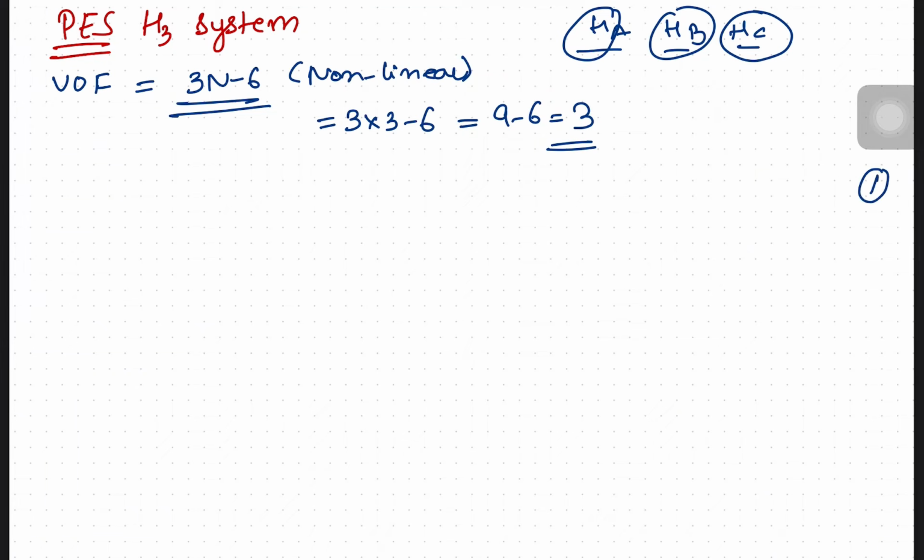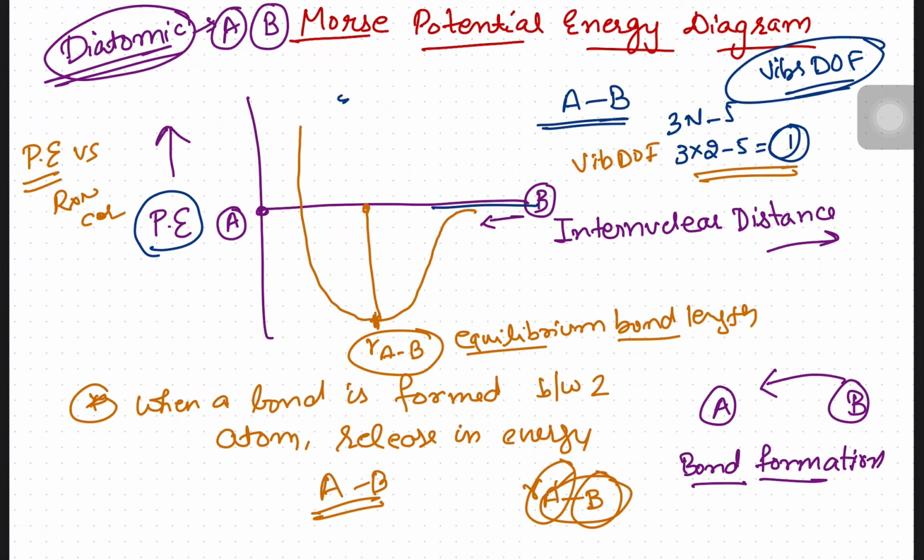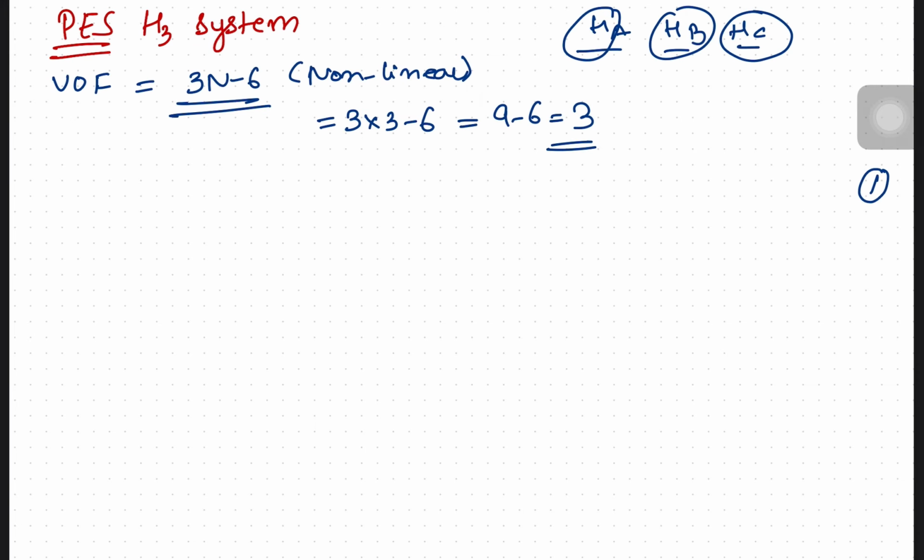Now there we were having 1 degree of freedom, so we got this graph. This is a 2-dimensional graph. For 1 degree of freedom, we got a 2-dimensional graph. If we have 3 degrees of freedom, we will get a 4-dimensional graph, because here there will be 3 reaction coordinates.